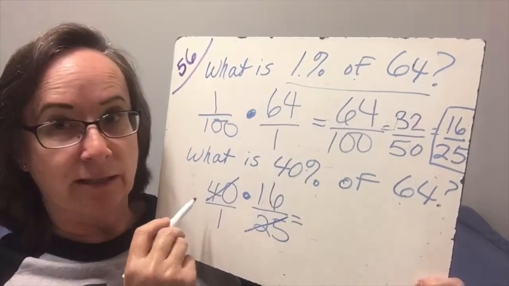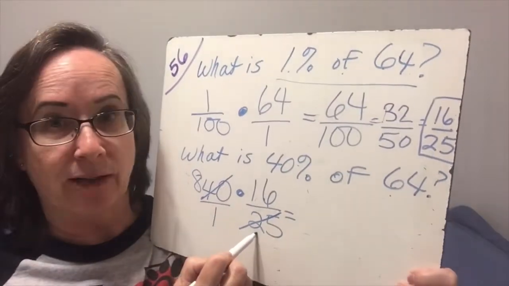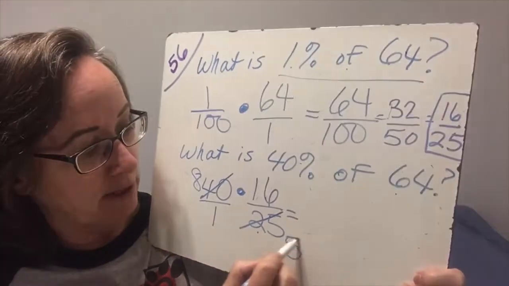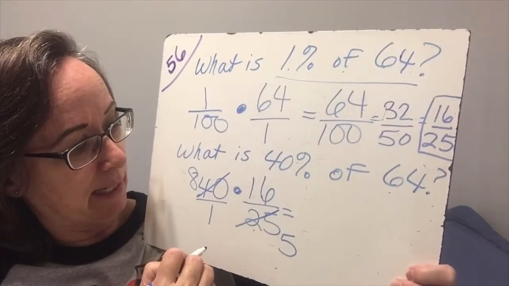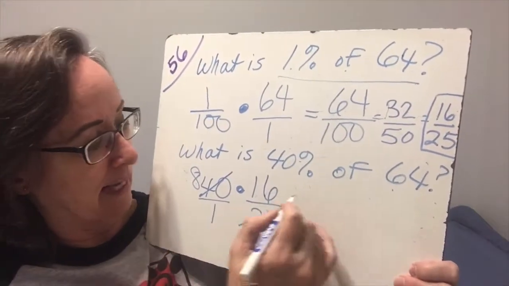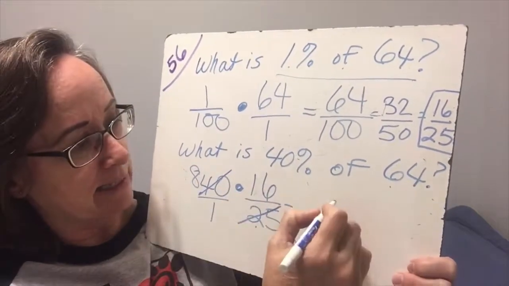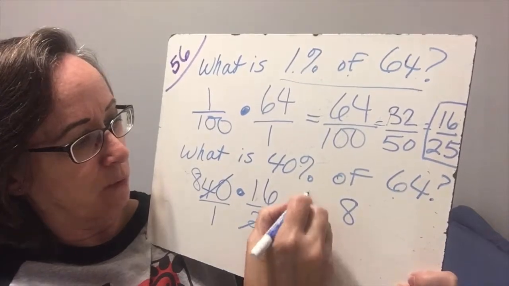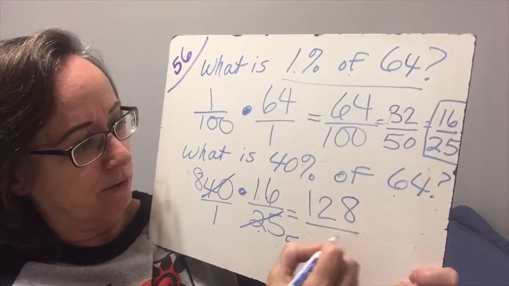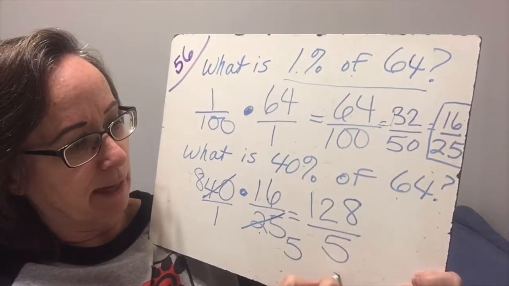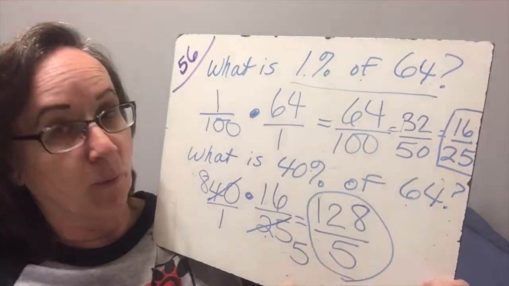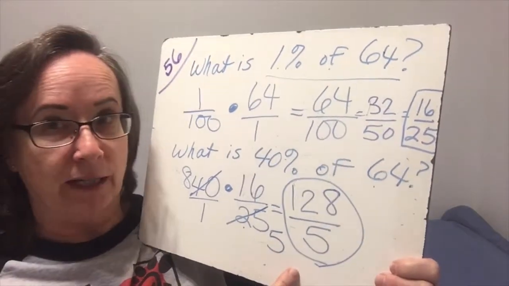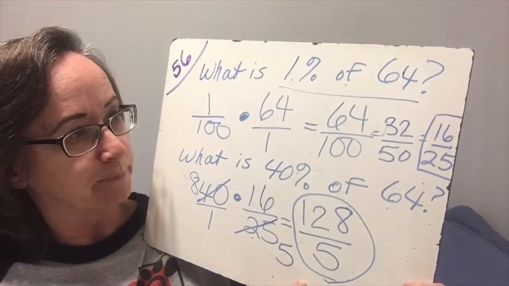So 5 goes into 40 8 times, and 5 goes into 25 5 times. And then we end up with nothing else canceling. We're going to have 16 times 8 is, let's see, 48, carry the 4, 128 over 5. Okay, so that would be one way to write the answer, or we could turn that into a decimal.